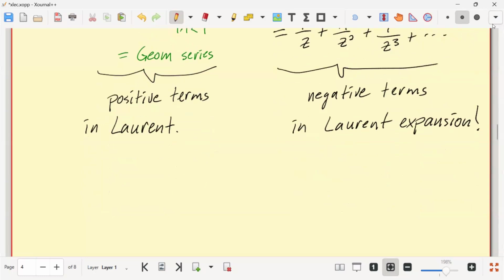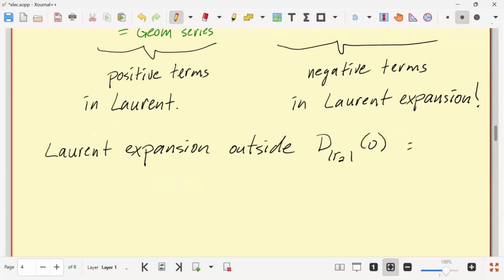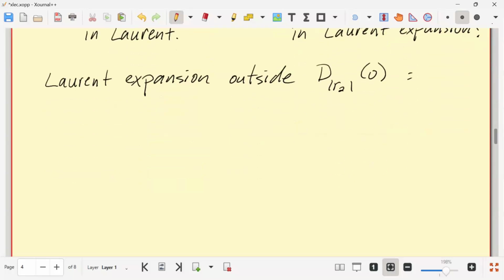And so the last thing to do would be to find the Laurent expansion outside the disk of radius absolute R2. Then the only thing I would change is when I deal with this one, I do the same thing with the 1 over z for the other term, but now I would also do a 1 over z on this term.